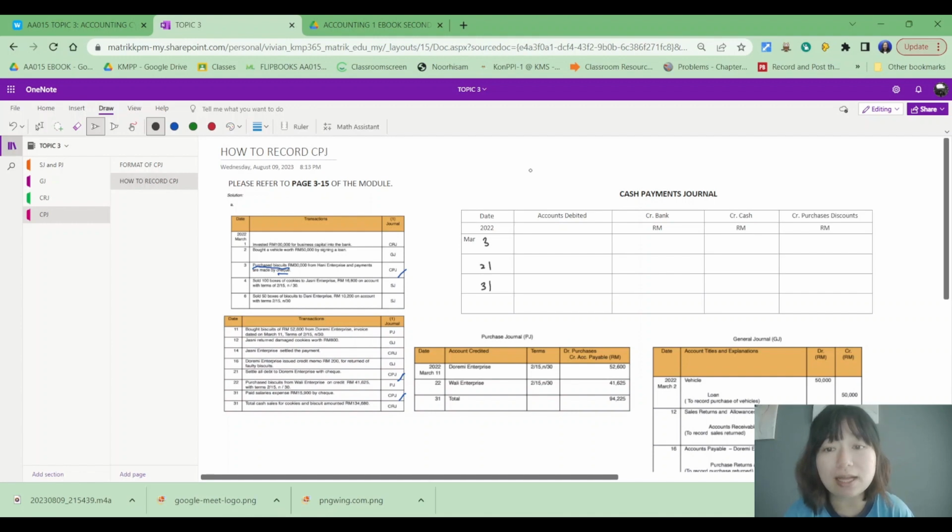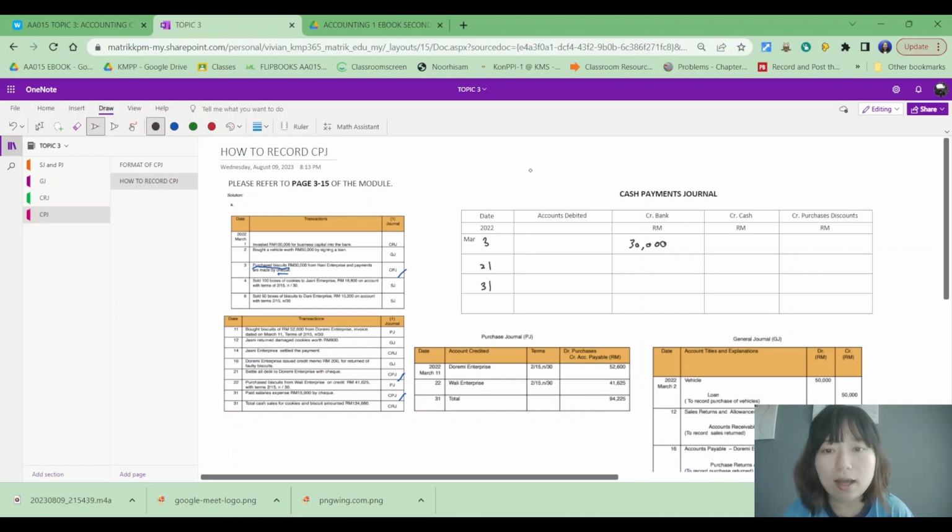So the figure 30,000 should go into bank. Okay, so I just pop it in 30,000. And make sure you have the 1,000 separated as well as the RM in the column of credit bank, credit cash, as well as credit purchases discount.